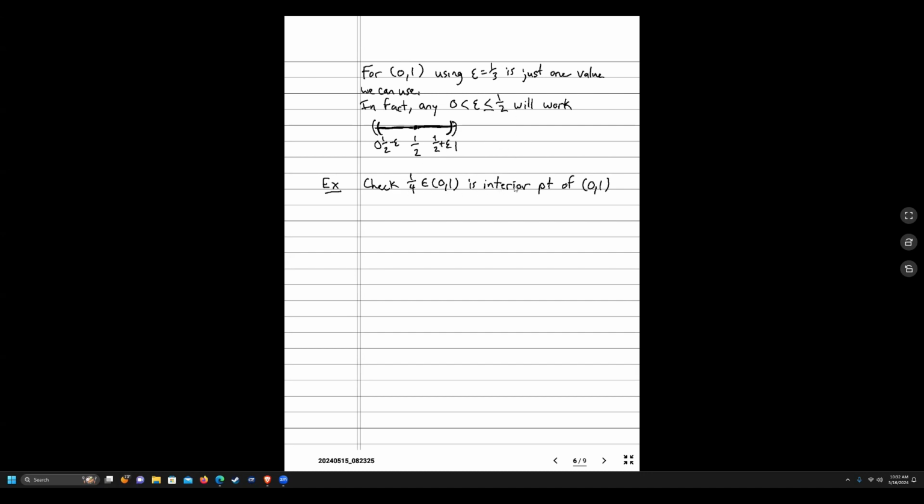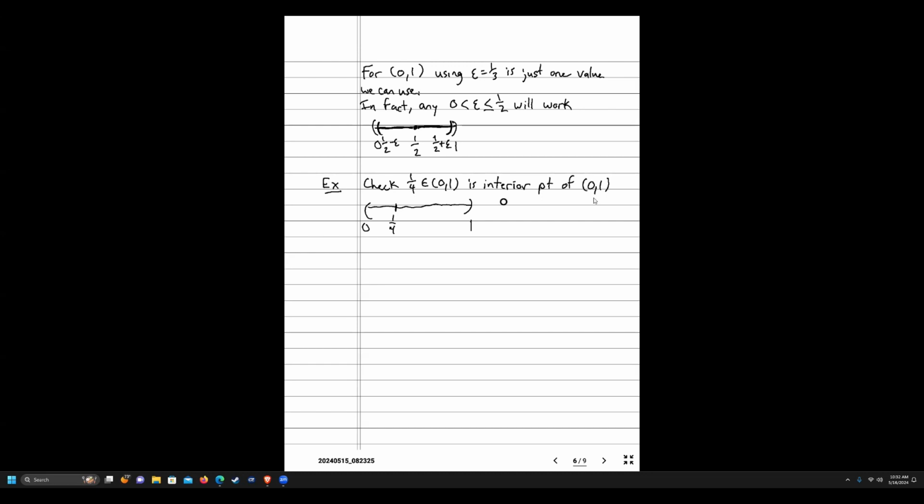All right, so just to go through the motions, let's say I wanted to check that 1/4 is an interior point of 0 to 1. Drawing the picture isn't necessary, but 1/4 is somewhere right there.